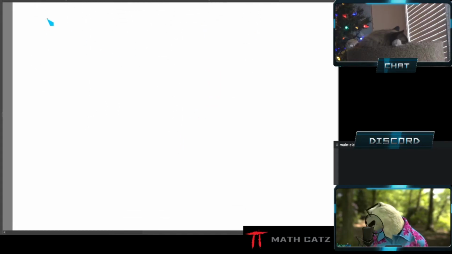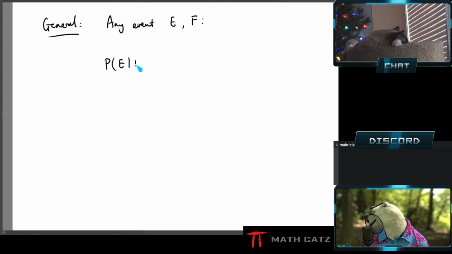Let's do it in general. Give me two events, any events, E and F. The probability of E given F, I just used F again, it doesn't matter what they're called, right, is the conventional probability of the intersection divided by the probability of the given one only, as if it's not given.